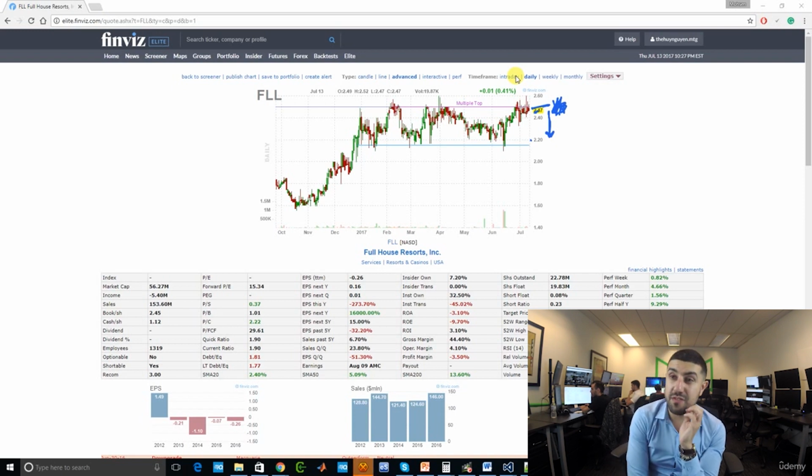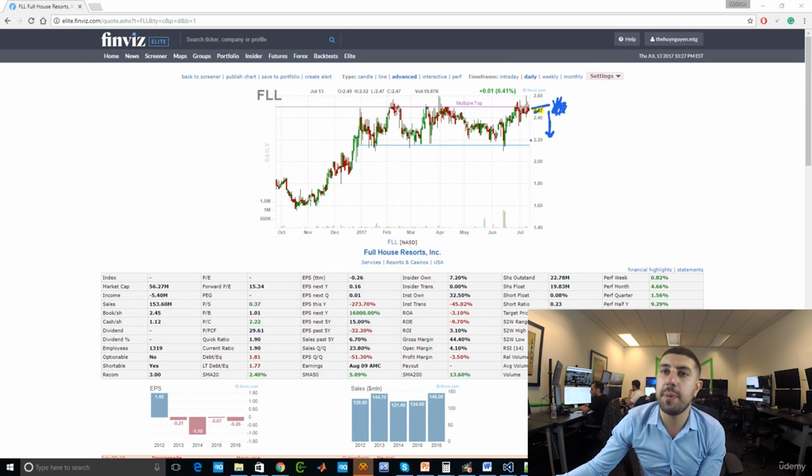So something like this that everybody looks at, and again, if anybody looks this stock up on Finviz, Finviz literally shows them the multiple top right away. So everybody's seeing it. There's actually a section for it and it pops out, right? So this makes a lot of sense, okay?